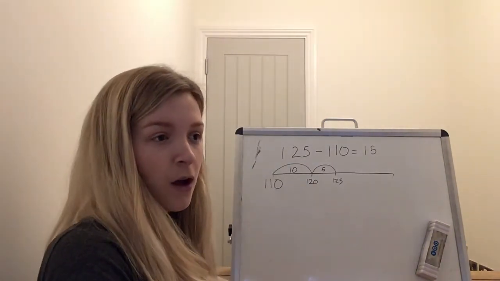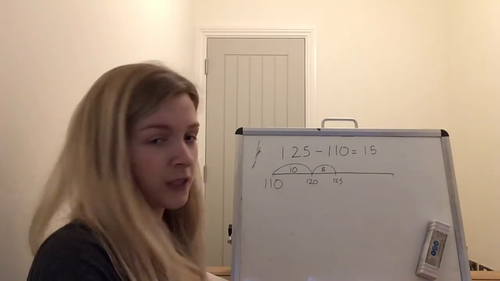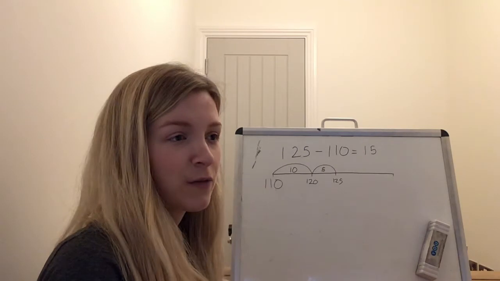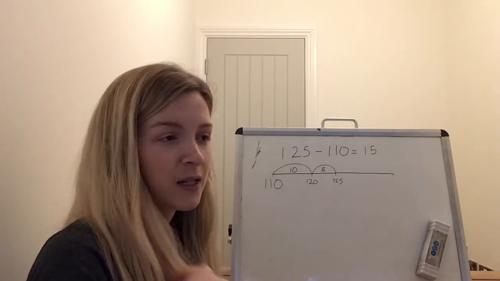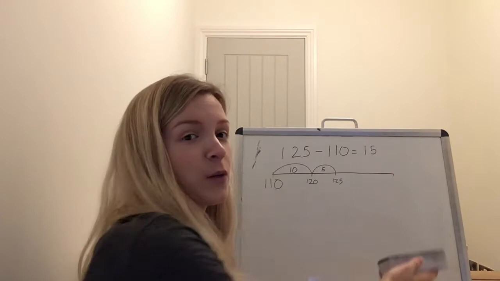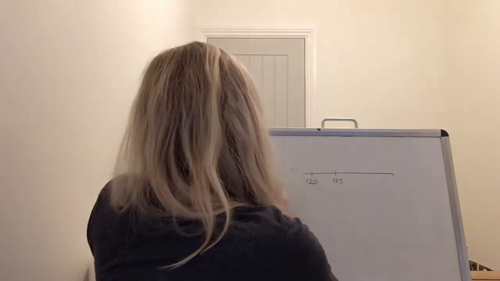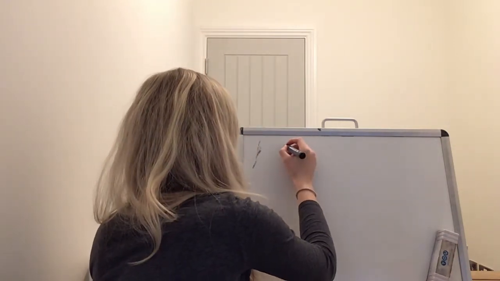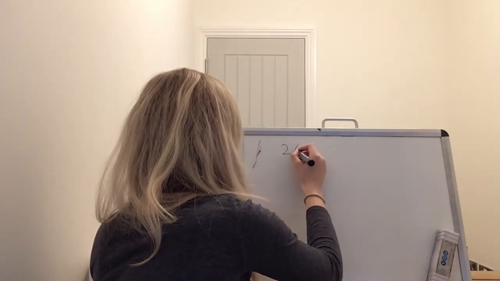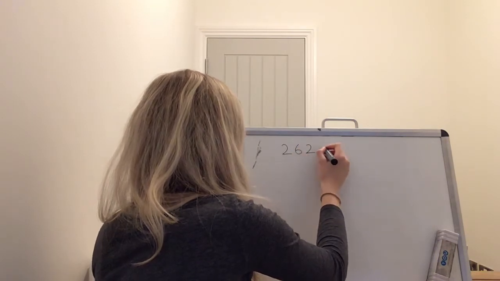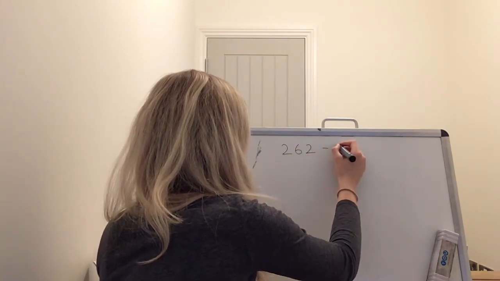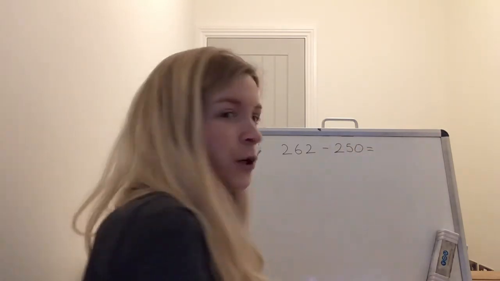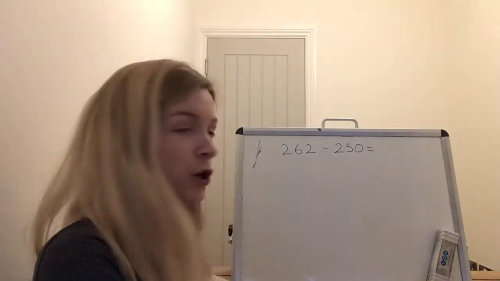Okay, I'm going to give you one now to have a go at. I'm going to write it on the board, and if you pause the video, you can have a go. As I said, very similar to yesterday, so see if you can do this one when you pause the video. 260 take away 250.